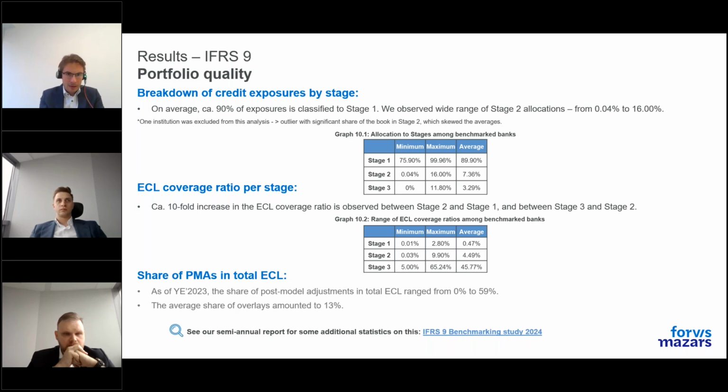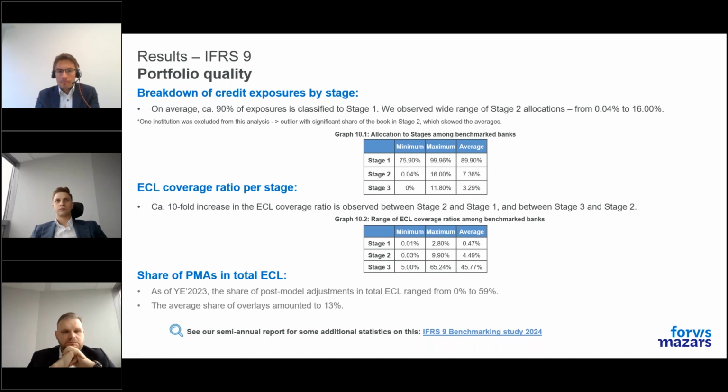There is a caveat for the first table: there was one outlier in the sample with a significant share of the book in stage 2, so it was excluded from the summaries presented in the table. However, what we saw is that on average, almost 90% of exposures are classified to stage 1, more than 7% to stage 2, and more than 3% to stage 3.